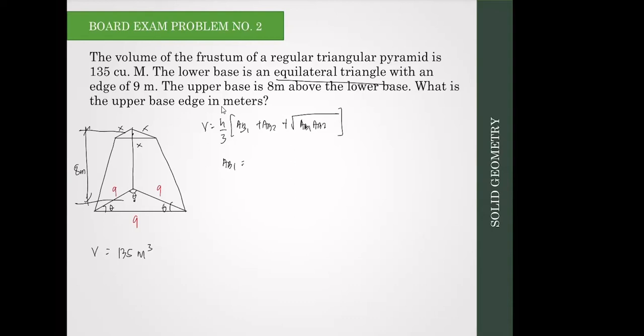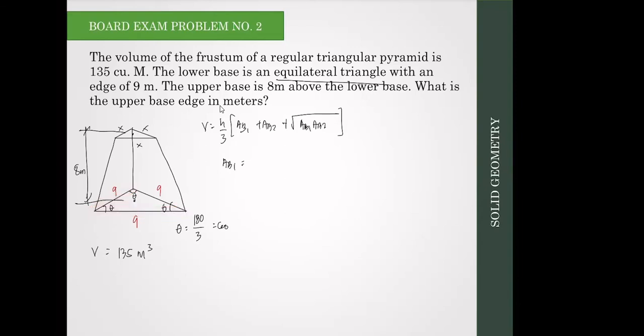Kasi meron tayong 3 sides. 3 minus 1 is 2. 2 times 90 is 180. So yung theta natin dito will be 180 divide natin ng 3. Okay? Or 60 kasi equal sides yan. And kapag triangle, meron tayong formula kapag meron tayong 2 sides and included angle.